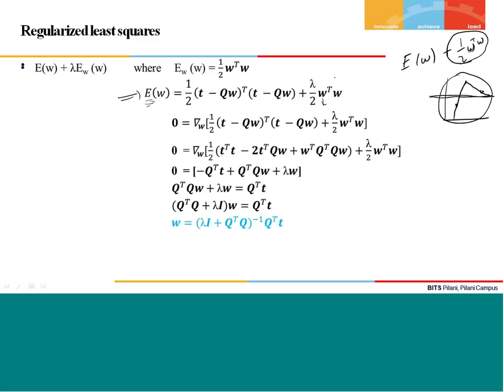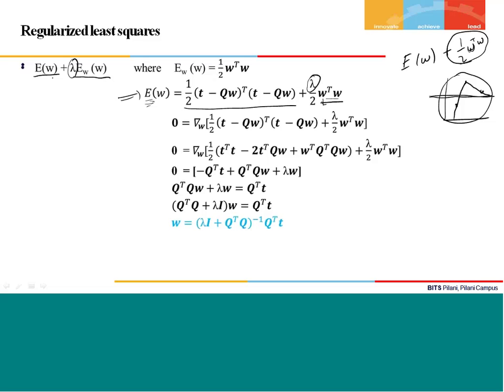It is already discussed, so I'm not going to discuss it again and again. The important point is, this is the error function that you have, this is the regularization term you are having, and how much weight you are giving to this regularization depends upon the lambda. So now my new error function will be this plus this regularization term with this factor.